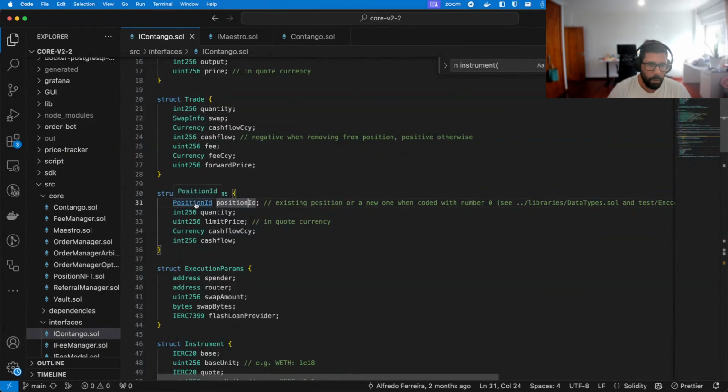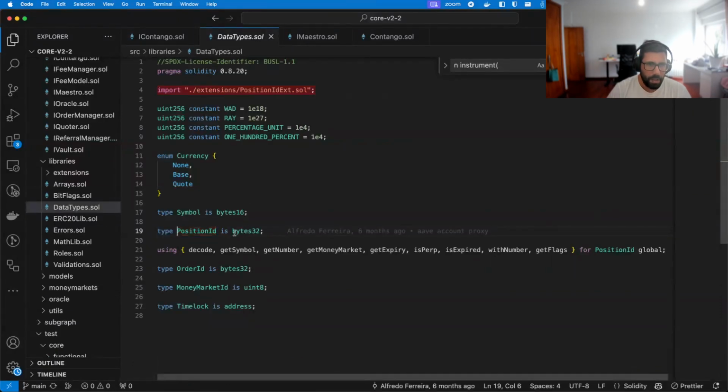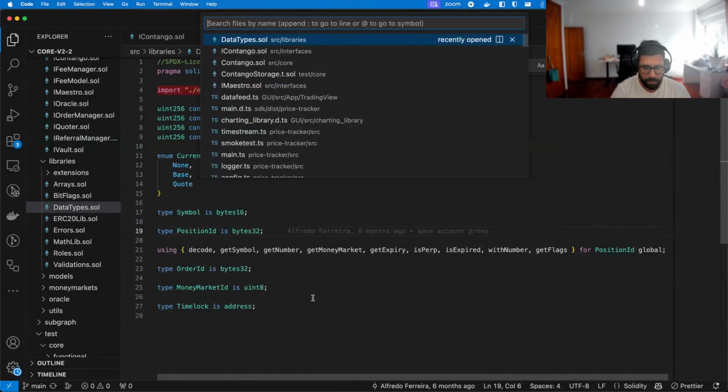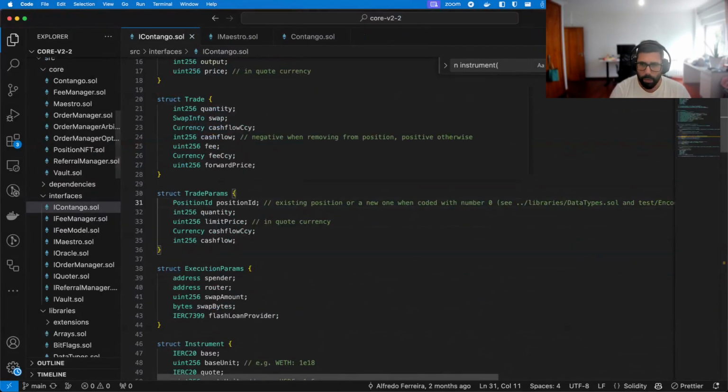But we still have it always because we use custom types whenever possible, by the way, because it makes the code more readable and the compiler helps us a lot. And I would use more if Solidity was better at it, to be honest.